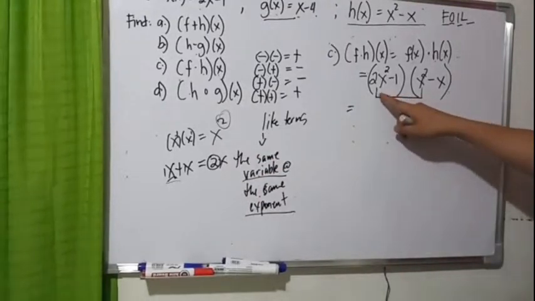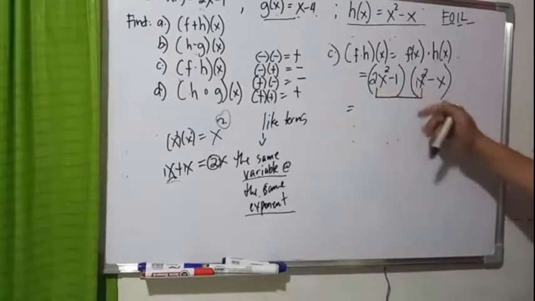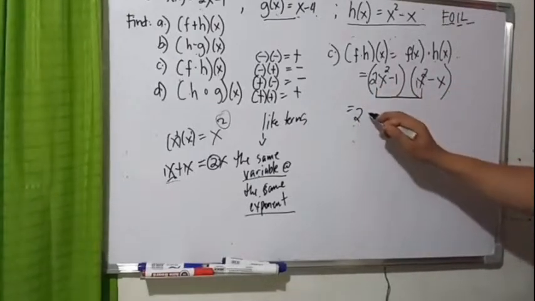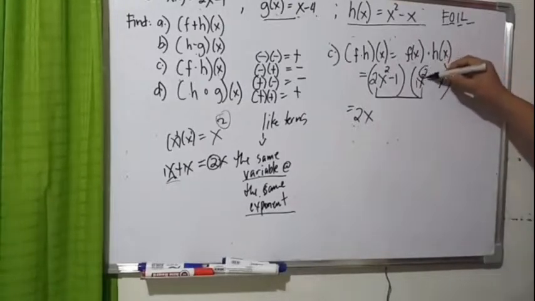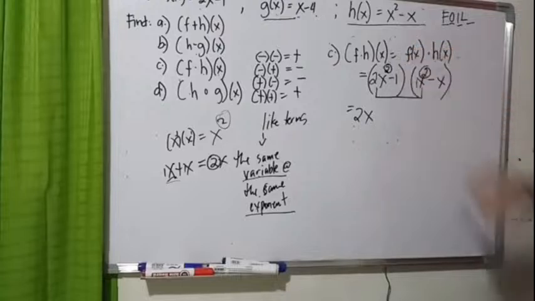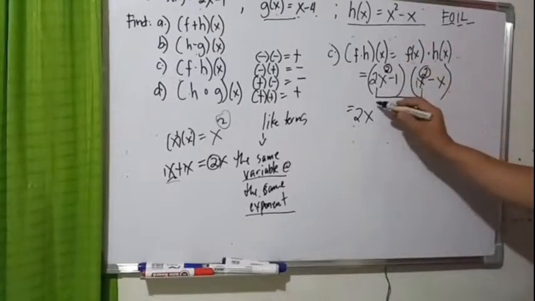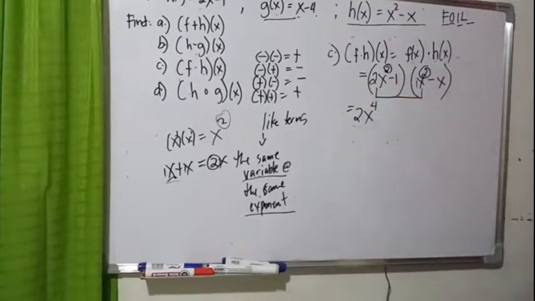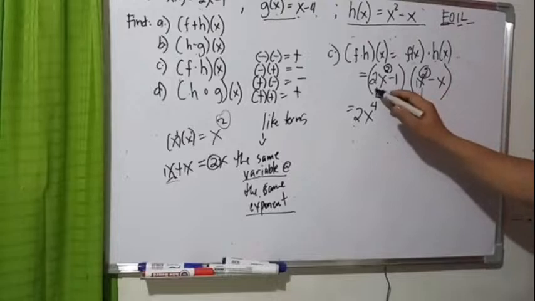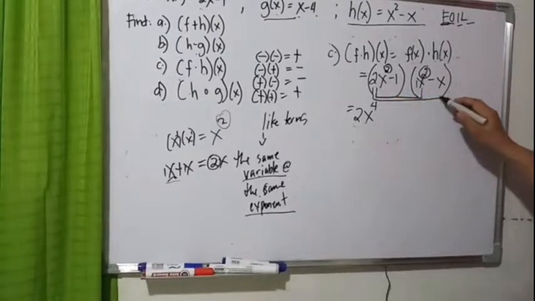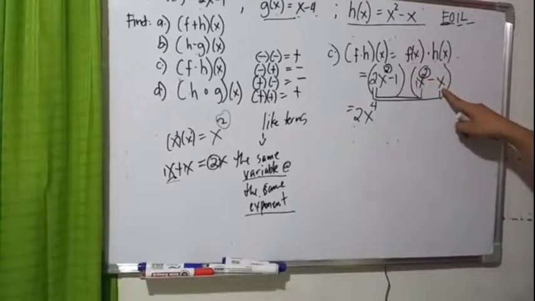Next dito, so may numerical coefficient dito na 1, so 2 times 1, that is 2. Then kopyahin natin yung variable, that is x. How about the exponent? Ang exponent natin is 2 and 2, so you need to add. So 2 plus 2, that is 4. Okay, next, first na tayo. Then outer, ito 2x squared times negative x.